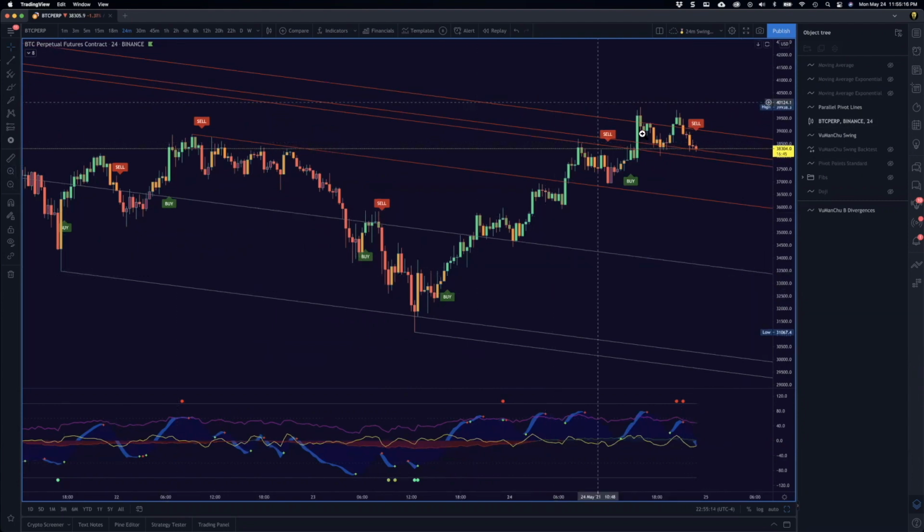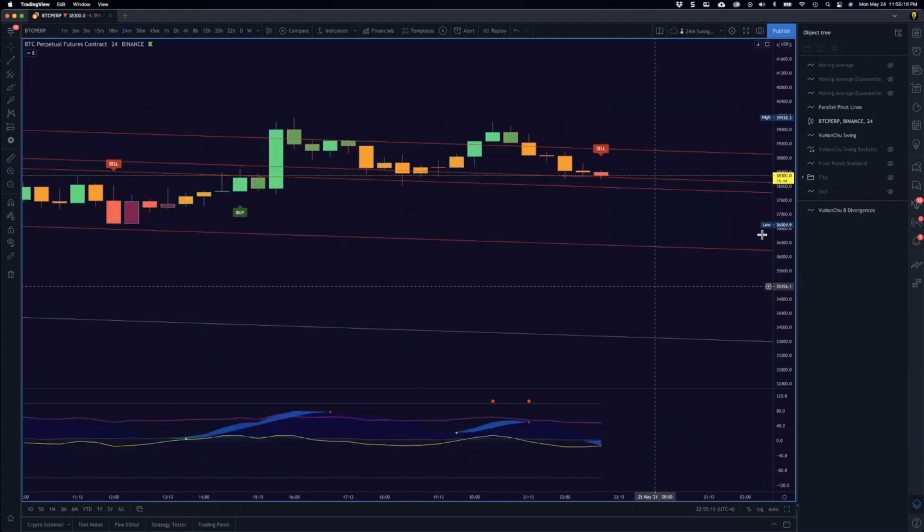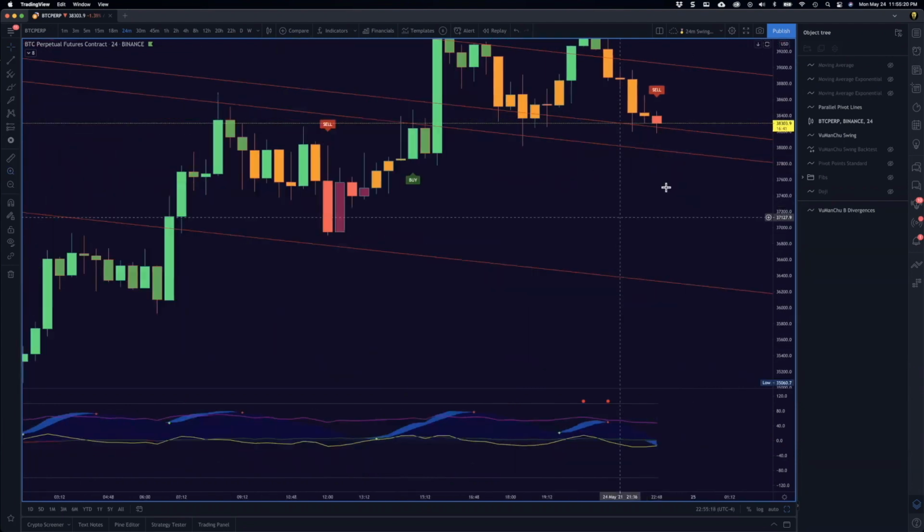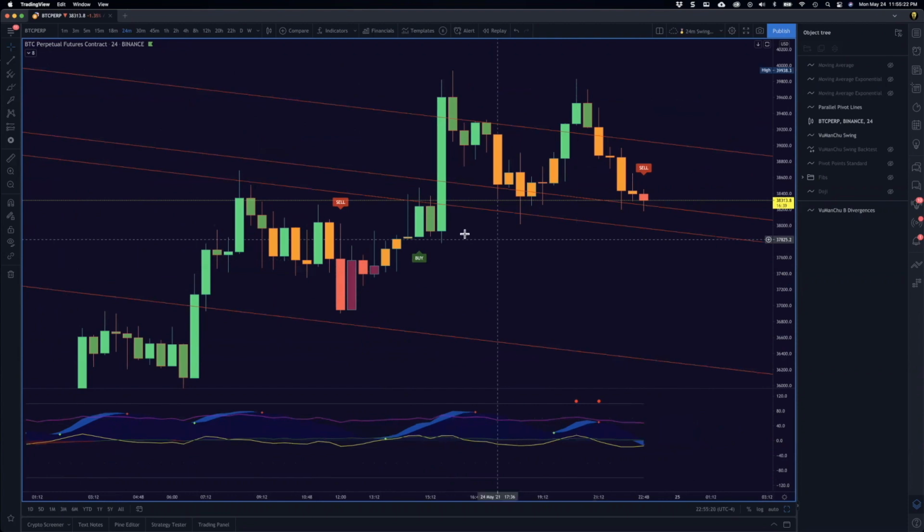Now, we look into this area where we are at now, we can see exactly what's up, okay? So, price comes up, doesn't have enough steam to stay up, comes down, look where it gets rejected. Bang, bang, bang.